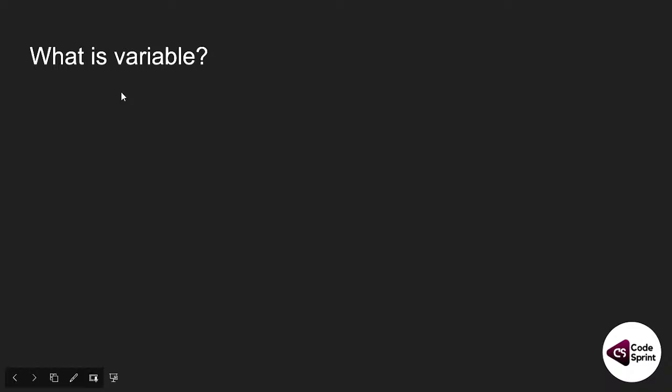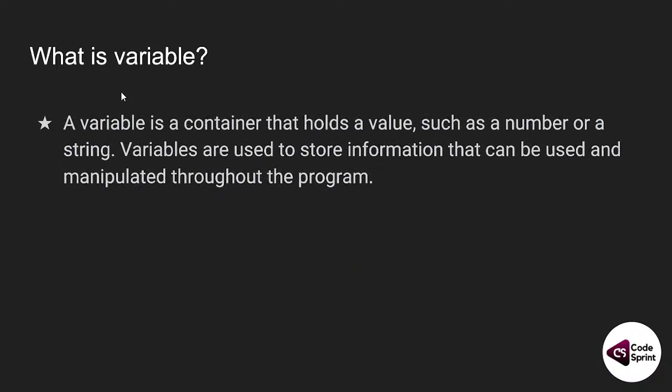Now, what is a variable? Let's quickly discuss it. A variable is a container which is going to hold a value. Let's say we have a variable ABC. This is going to hold a value, or it is going to store a string.